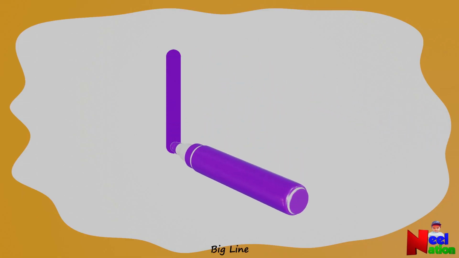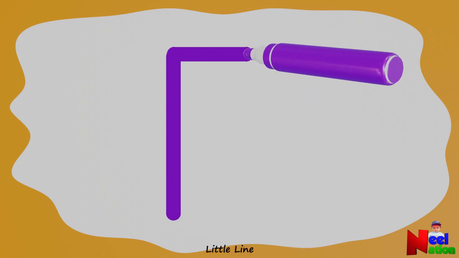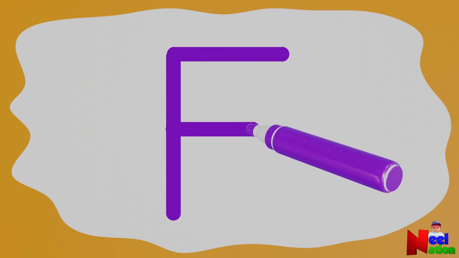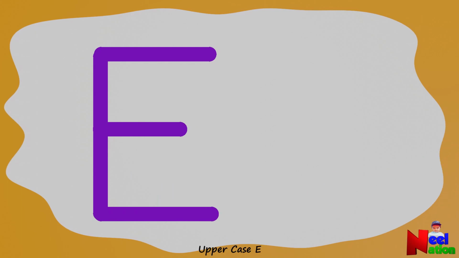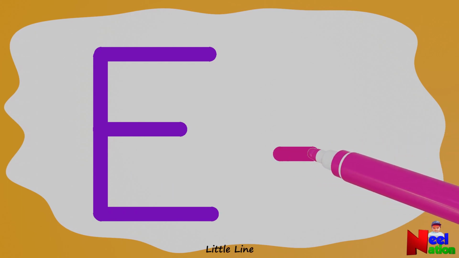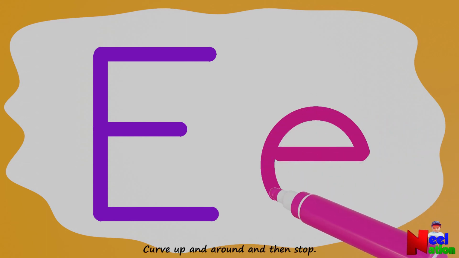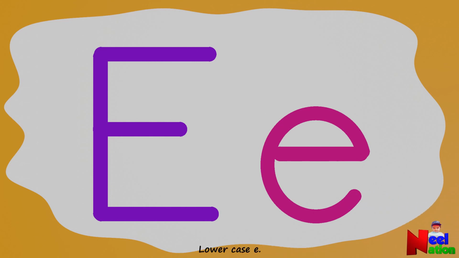Big line, little line, and little line. Uppercase E, little line, curve up and around, and then stop. Lowercase e. That's awesome!